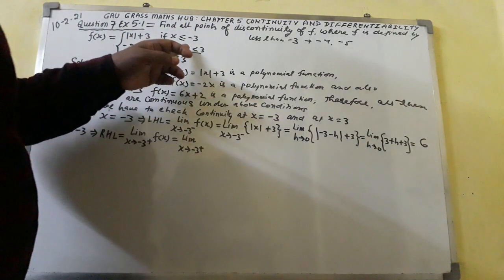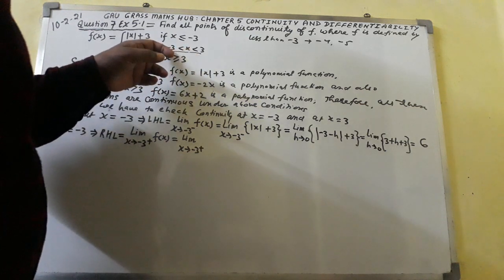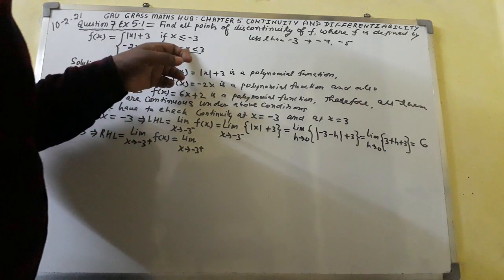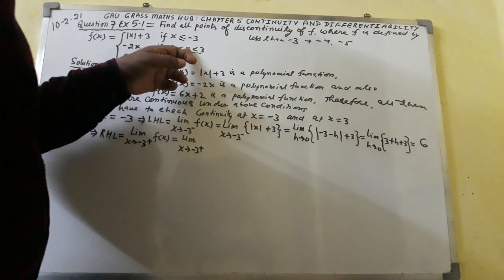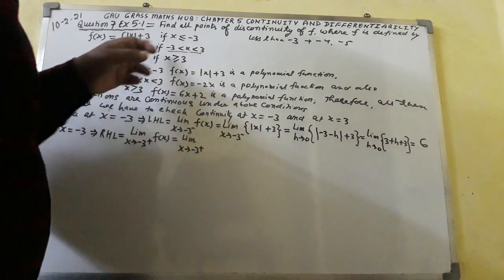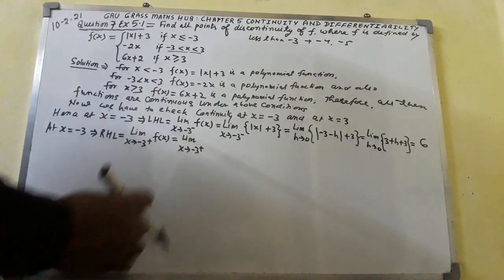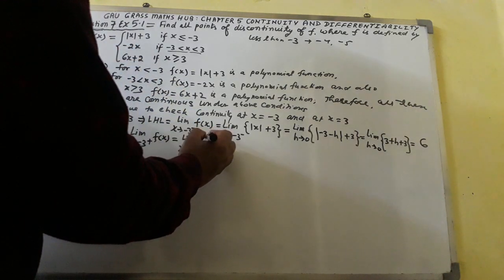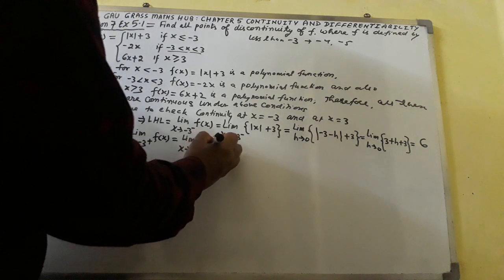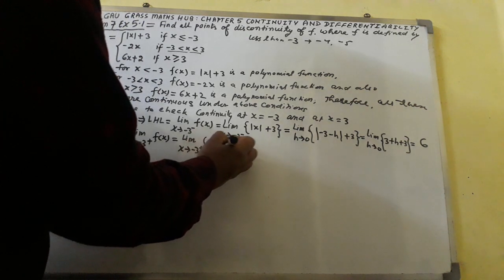The value of x here is less than minus 3 in one function, and the value of x here is greater than minus 3 in the other. So this function I shall choose. So here I shall write function f(x), in place of x, I shall write minus 2x.